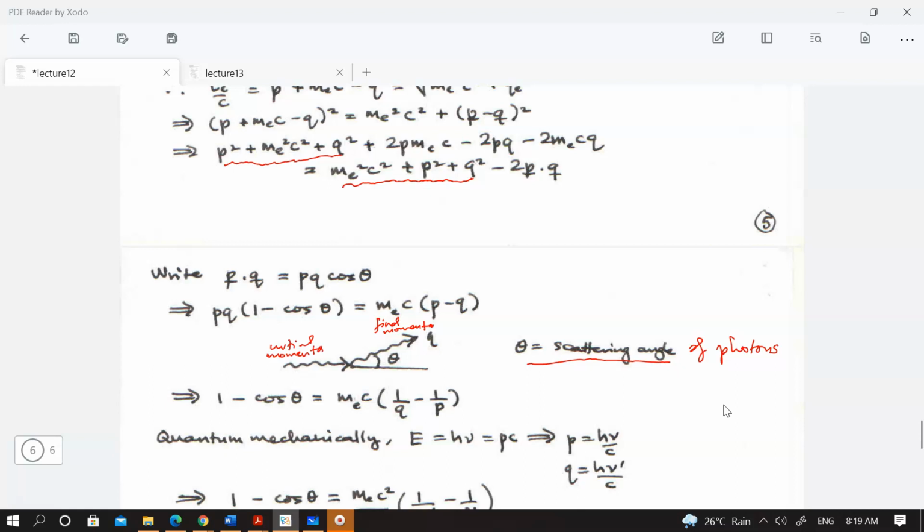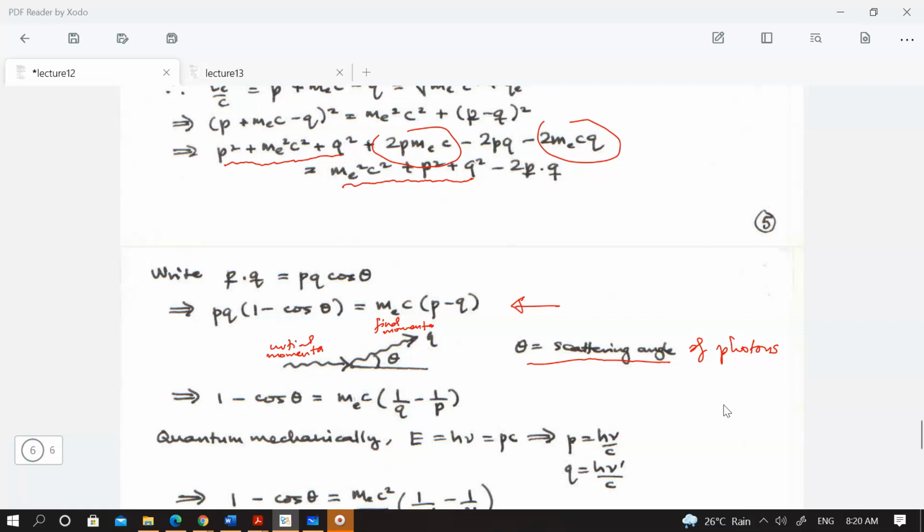Okay, so you get PQ times (1 minus cos theta), and then the rest of the terms will be this cross term here and this cross term here, from which you can pull out the common factor of MEC, and then this would be P minus Q. And then the other thing that we have done in this equation is to divide by 2. So you have the common factor of 2 there. Okay, so you're left with this equation, which we can now rearrange.